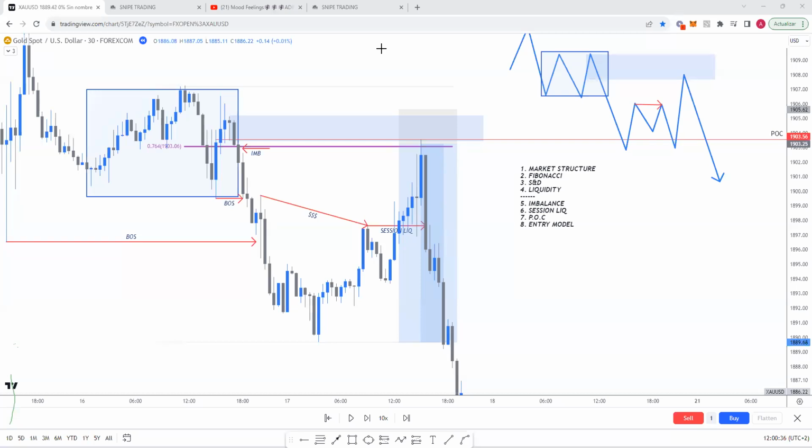For example, if you want to understand liquidity, just go on the vault, hit Control F, and search liquidity, and watch all of the videos on liquidity. If you want to understand Fibonacci, go on the vault, hit Control F, and look for Fibonacci, and you will find plenty of videos explaining it, and so on. The reason I don't explain it again is because it would be very boring for most of you who have already gone through the vault lessons. Everything is explained over there.